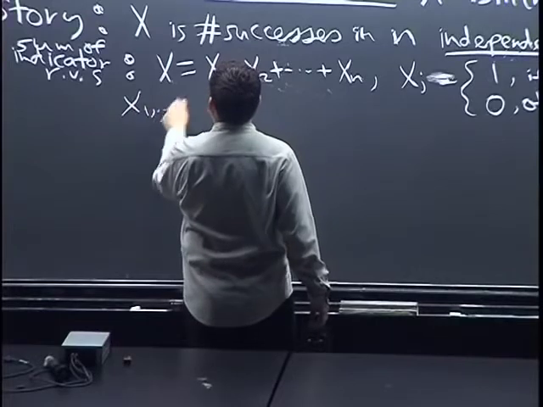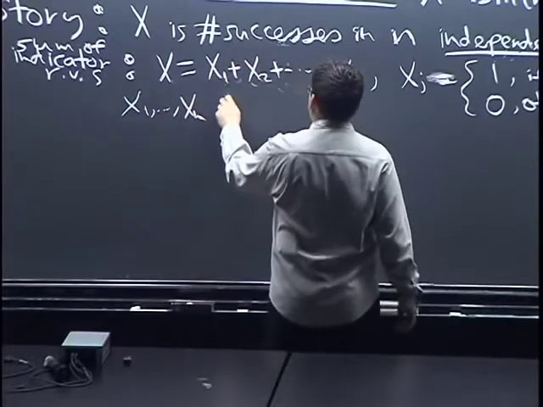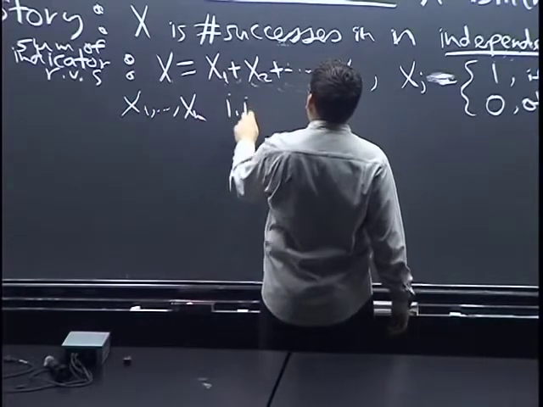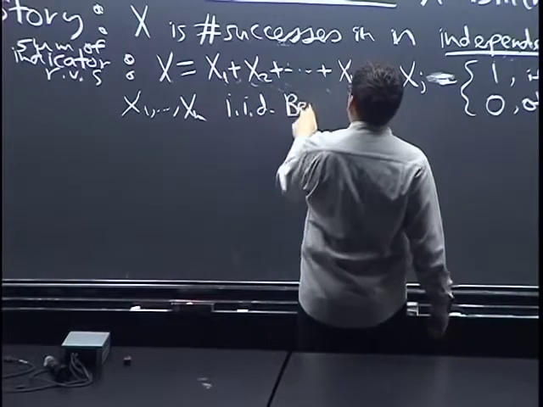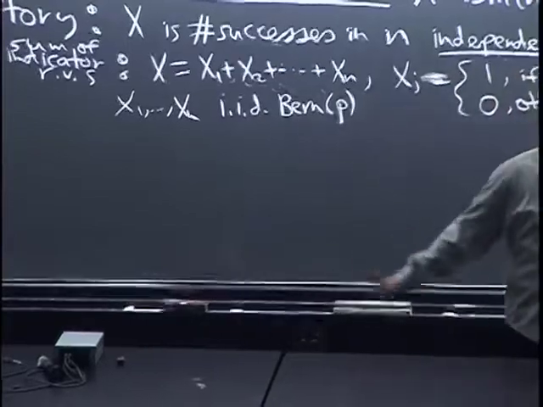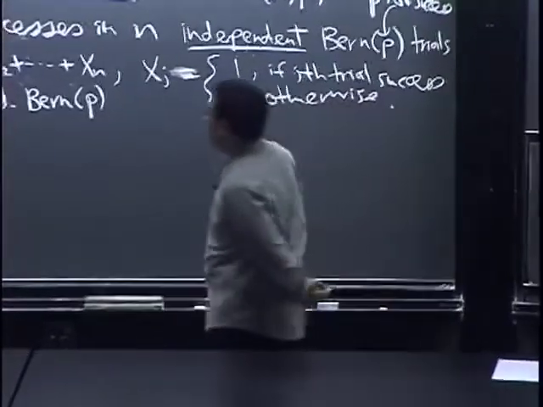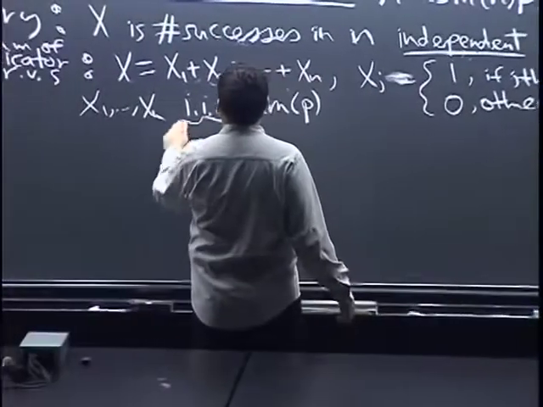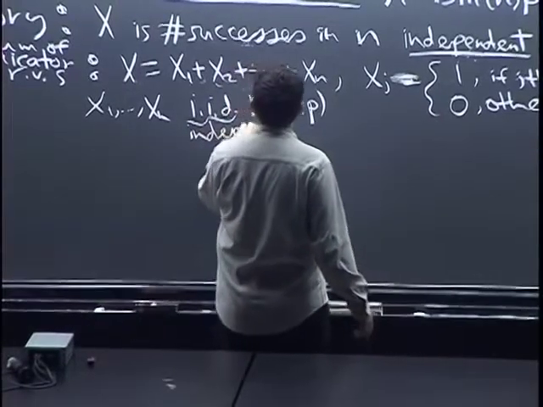X1 through Xn, I'll introduce one more acronym now, are IID Bernoulli P. The acronym IID is used a lot in statistics, so you may as well define that now. IID means independent and identically distributed.